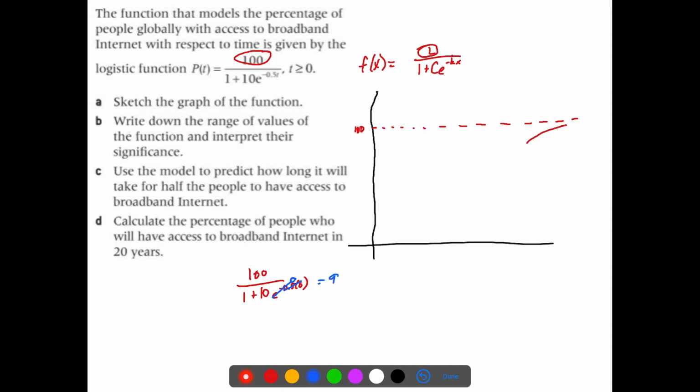Now 100 over 11 would then give me a value of 9.09, which then would be my y-intercept down here. So this would be (0, 9.09). Okay, so from there, I do know that this will be a logistic curve, and so it should look something like this. If you get it on your calculator, you should be able to get some of the x values in the middle here if you want.